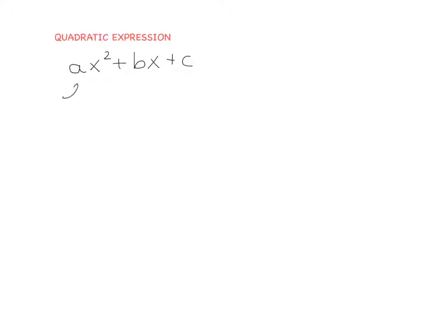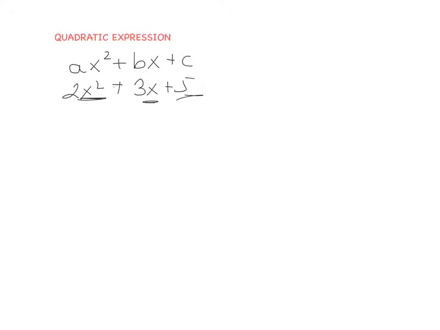Let's say we have 2x squared plus 3x plus 5, and this is a quadratic expression, okay? So we have x squared, x, and a constant at the end.